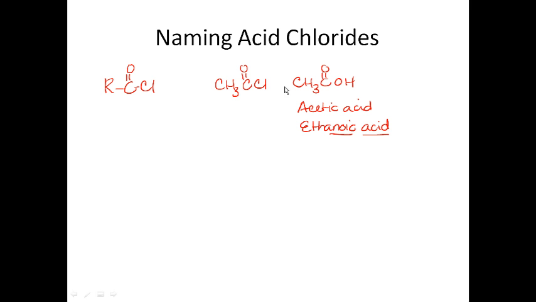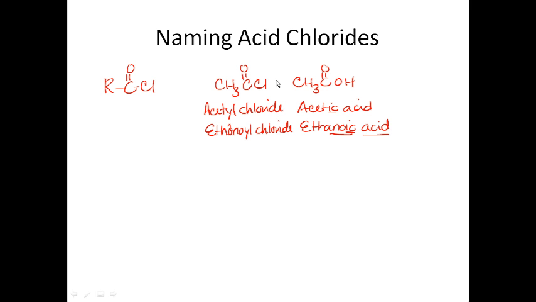So when you convert a carboxylic acid to the acid chloride, you take the name and add a yl, and the yl replaces the ic in both of these cases. So this would be called acetyl chloride, its common name, and ethanoyl chloride would be its IUPAC name.